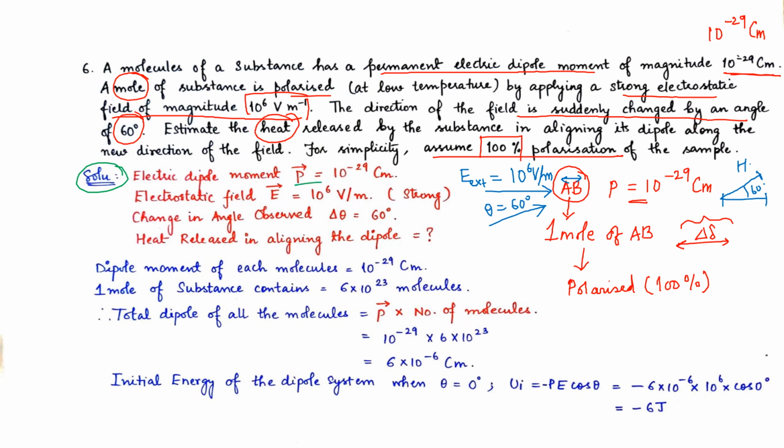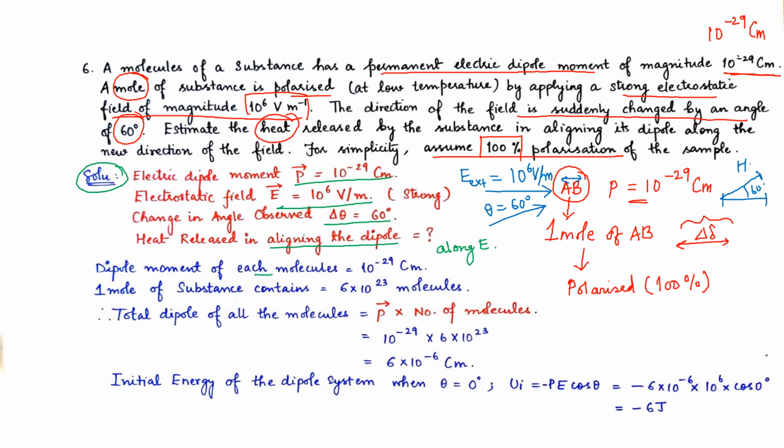Electric dipole moment is 10 to the power minus 29 coulomb meter. Electrostatic field is 10 to the power 6 volt per meter. Change in angle, delta theta, is 60 degrees. The heat released in aligning the dipole, delta E, needs to be found out.